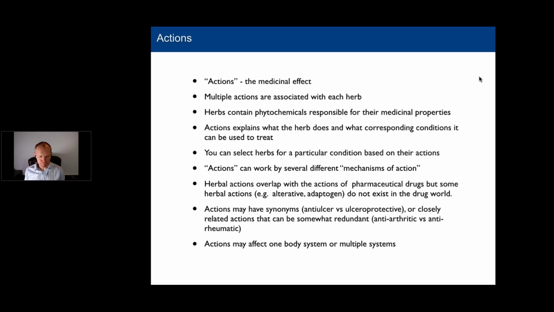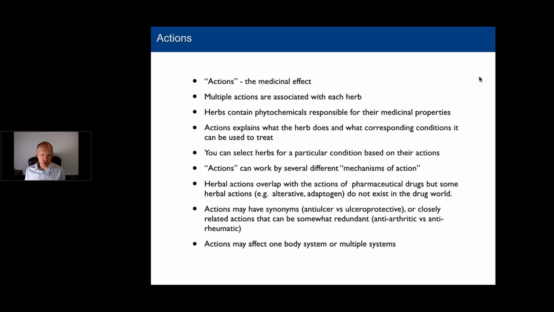So is turmeric. But there are other medicinal actions associated with herbs that you won't see in the pharmaceutical realm. And these would be things like alteratives, which are blood cleansers, or adaptogens, herbs that help the body cope with stress. And so there's no equivalent of these in the pharmaceutical realm.